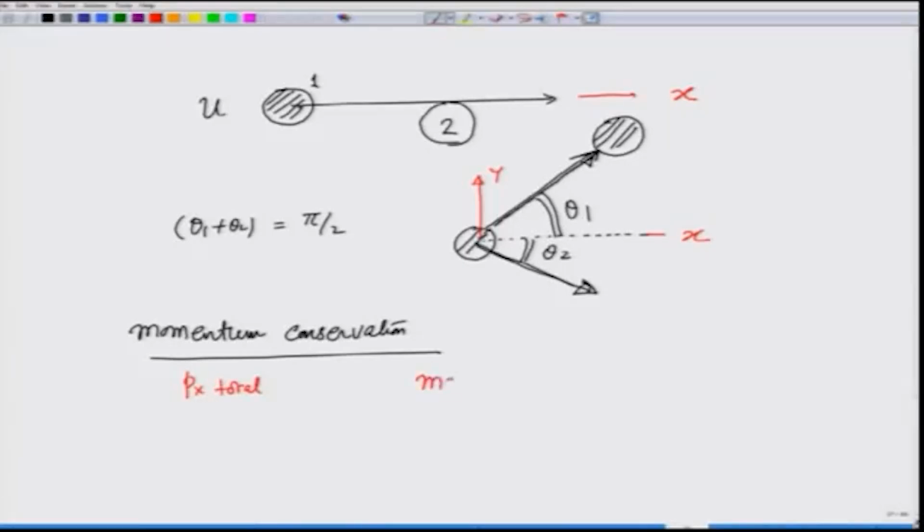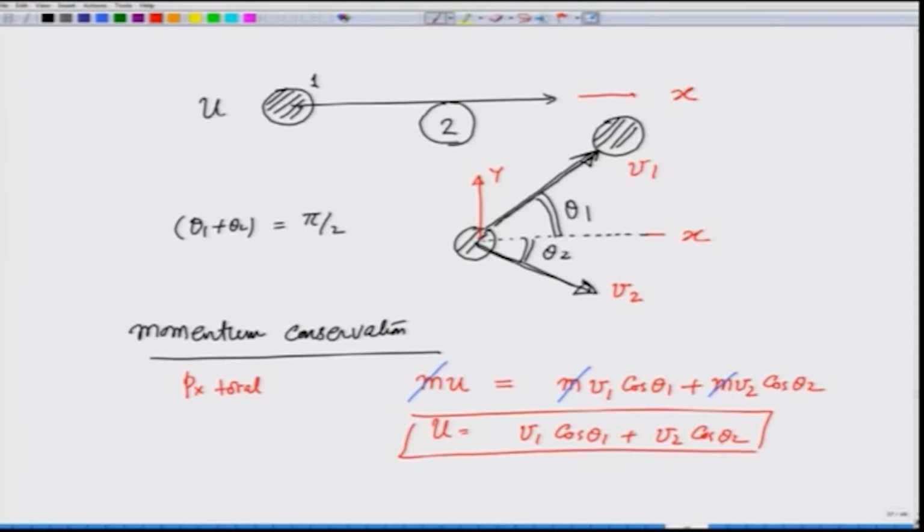Earlier the momentum was mu, and after the collision, the first ball is moving with velocity, let us say v1, and this is moving with v2: m v1 cosine of theta 1 plus the momentum of the second ball in the x direction, m v2 cosine of theta 2. You can see that m cancels, and therefore I have u equals v1 cosine of theta 1 plus v2 cosine of theta 2.